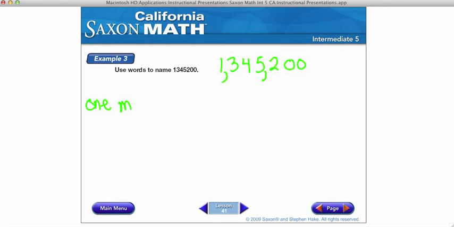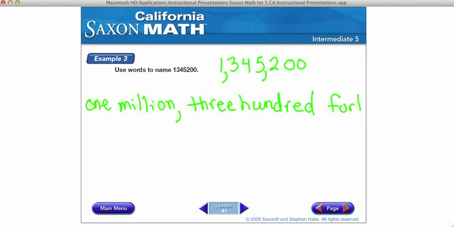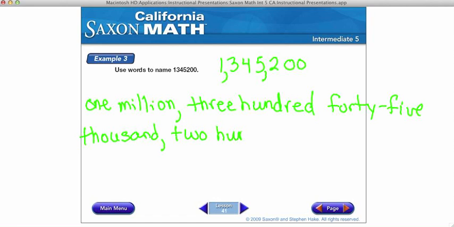So that's what I'm going to write. 1 million, comma. I have a comma in my number, so I also have a comma in my words. 300, 40-5,000, another comma, 200.